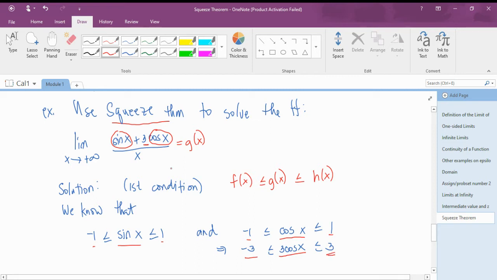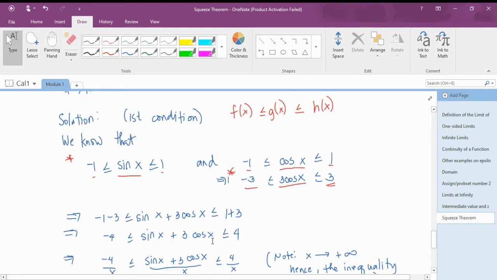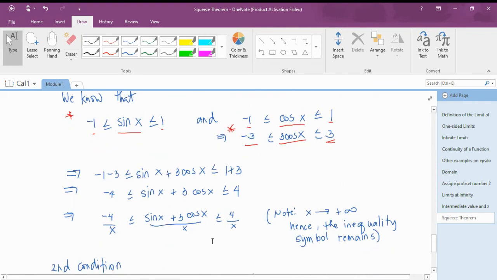Okay. Pero take note, ang hinahanap natin ay sine x plus 3 cosine x all over x. So, ang gagawin natin, ipagko-combine natin itong dalawang to. Okay. So, paano natin siya ipagko-combine? Una, kailangan natin silang i-add. Okay. So, sine x plus 3 cosine x.